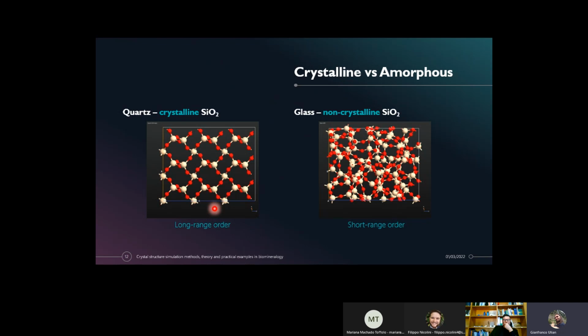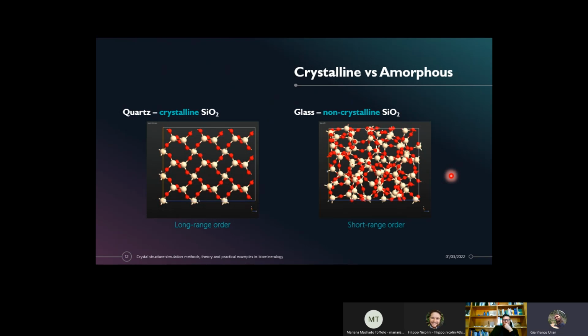It means that the atoms are regularly repeated along the three-dimensional directions. And then we can describe an amorphous silica that is called glass, that is non-crystalline. As you can see here, we do not have a long-range order. The atoms are not regularly repeated. We describe it in terms of short-range order. So there can be some degree of order, but only at short range between the different atoms.